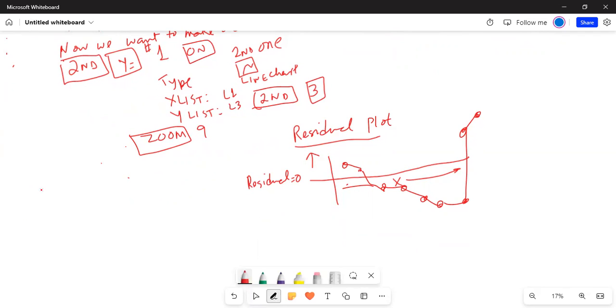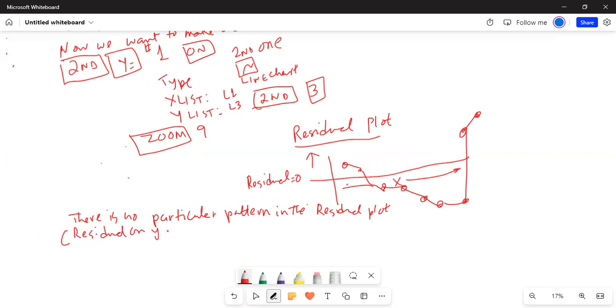There is no particular pattern in the residual plot, which is a plot of residual on the y-axis and x on the horizontal axis.